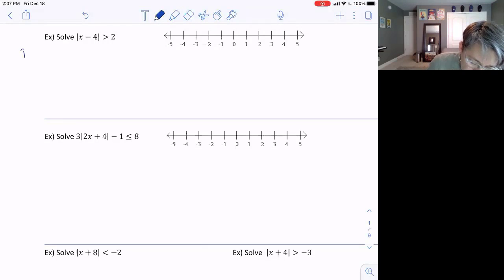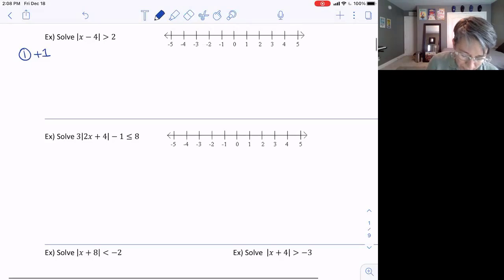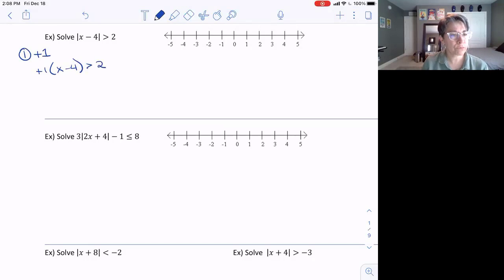Our first option is that the inside is the positive version. So we can think of it as distributing a positive 1 to the inside, and that being greater than 2. When we solve for that, we distribute the positive, nothing changes on the left. We can add 4 to both sides, which doesn't change our inequality, and we get x is greater than 6. Great.